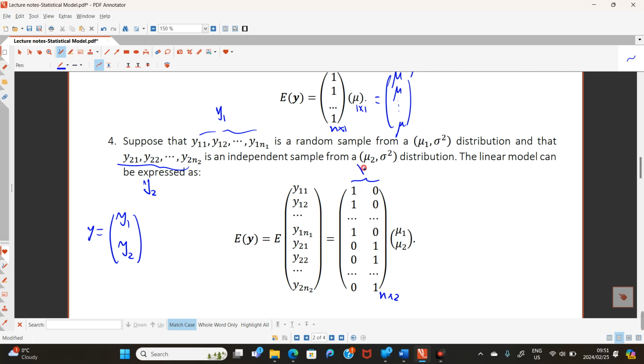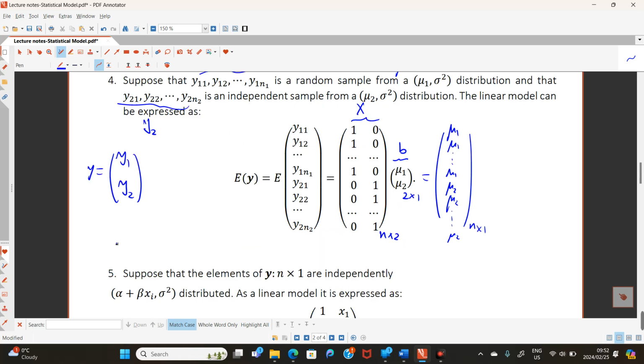This is the X, and this is the b, 2 by 1, and we then expect to have the expected value, which we can construct in this way: mu1 up to mu1, and then mu2 up to mu2. It's actually an n by 1 column vector for the mean of this y here.